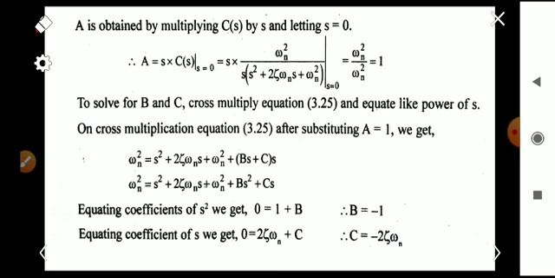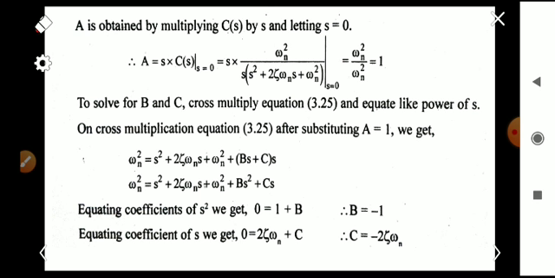And a is equal to s into c of s at s equal to 0. If we give s equal to 0, the s will be cancelled, and this term will become 0, and 2 zeta omega n s will become 0. At last we will get omega n square by omega n square, which is equal to 1. So a will be equal to 1.